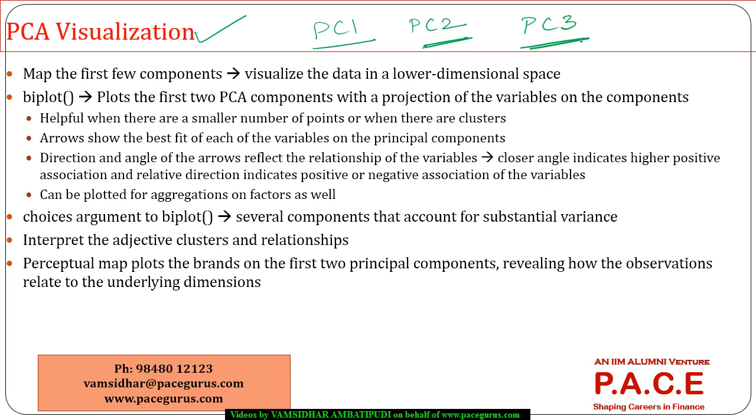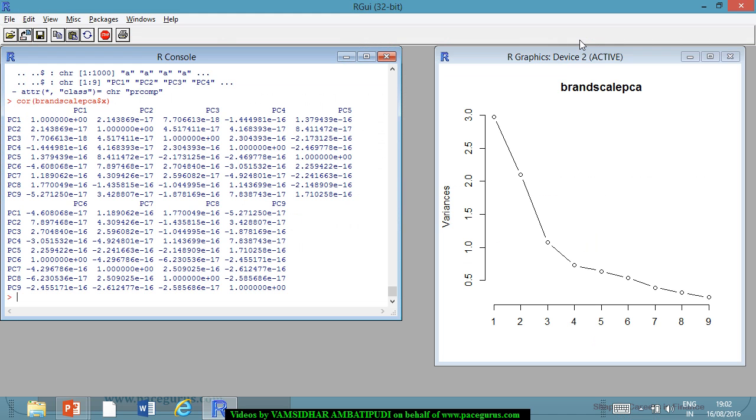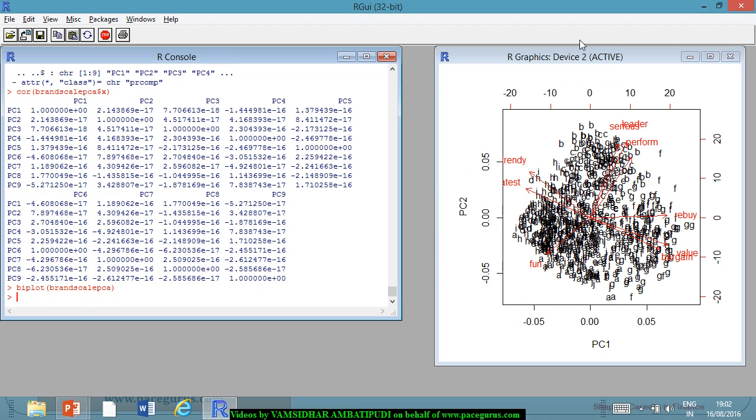A biplot is actually plotting between two components. So in this case, it plots between component 1 and component 2. So I do a biplot where I'll call brand scale PCA. So this is how the biplot typically comes.